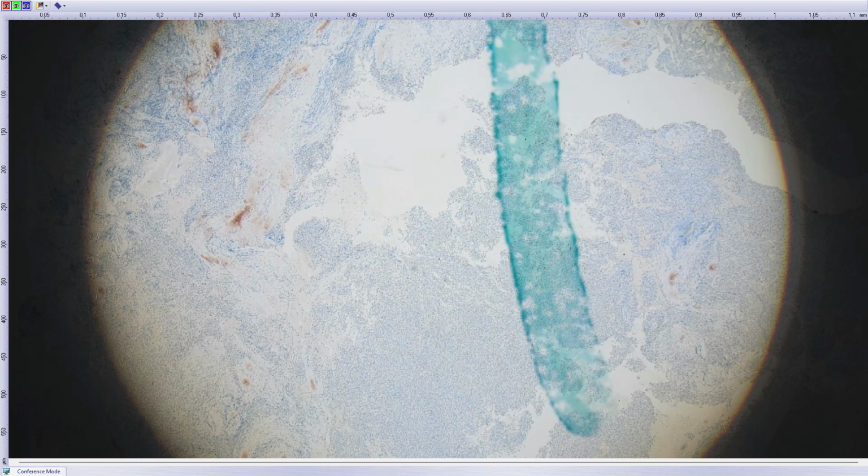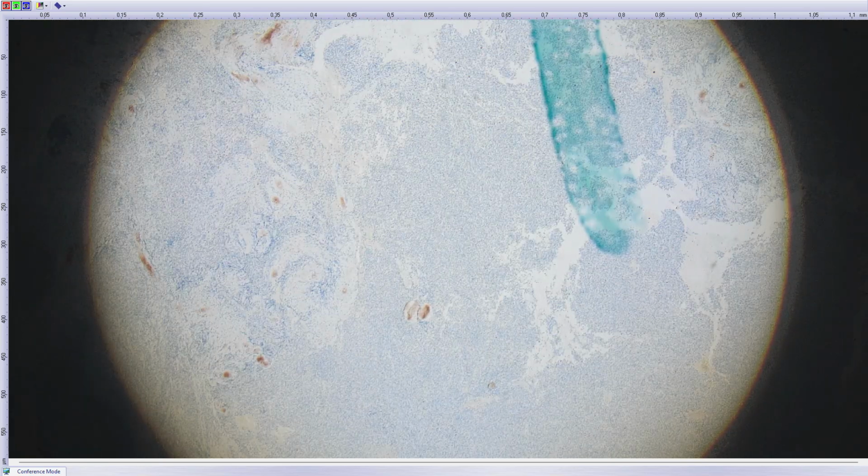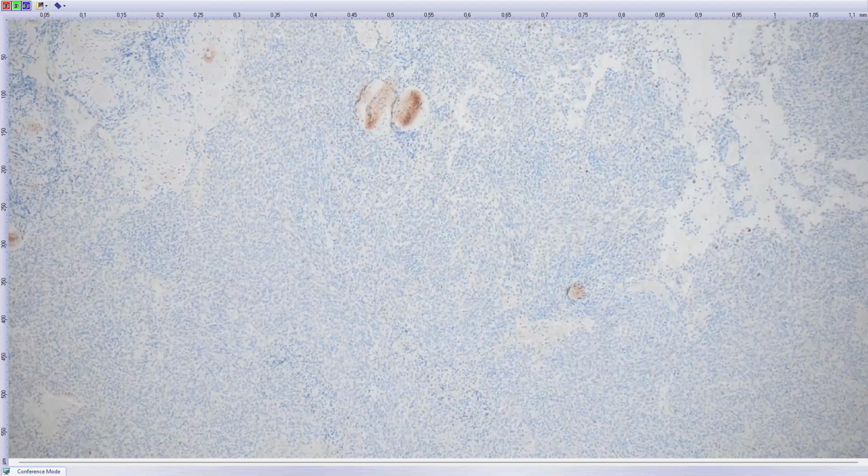And to differentiate between that, you should do further staining. In this case, since we are in head and neck, which is a very common site for rhabdomyosarcomas, and it doesn't look much like a smooth muscle neoplasm, I went straight for skeletal muscle markers, and this is MyoD1, which shows focal but clear nuclear positivity.